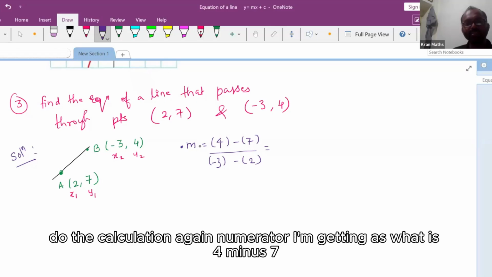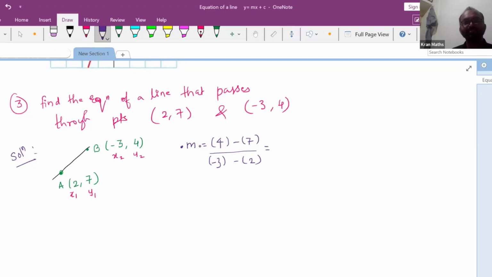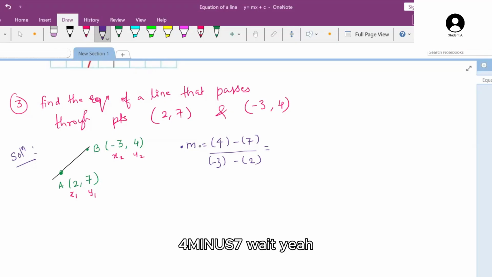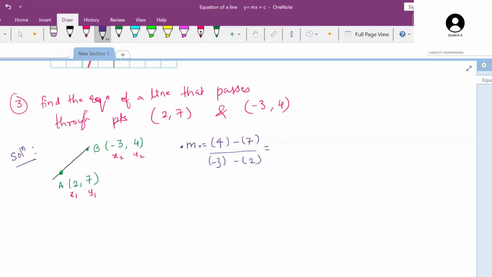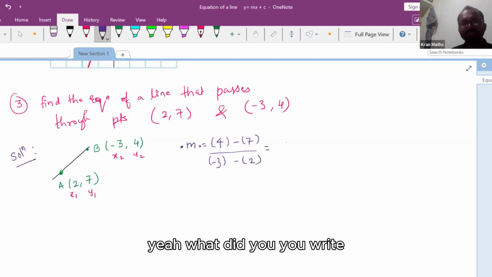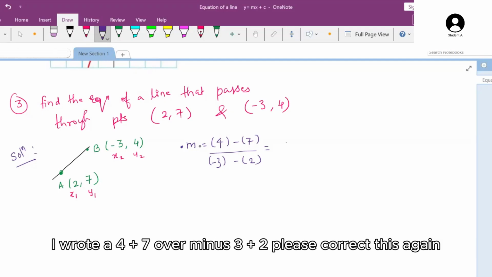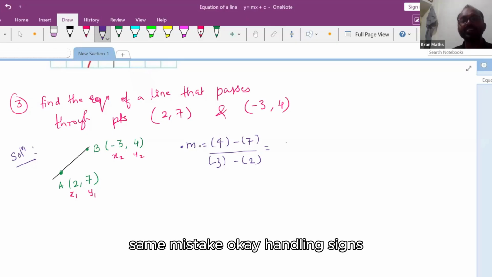Do the calculation again. The numerator, what is 4 minus 7? You gave it as just a positive 7. What did you write? I wrote 4 plus 7 over minus 3 plus 2. Please correct this again, same mistake. Handling signs.